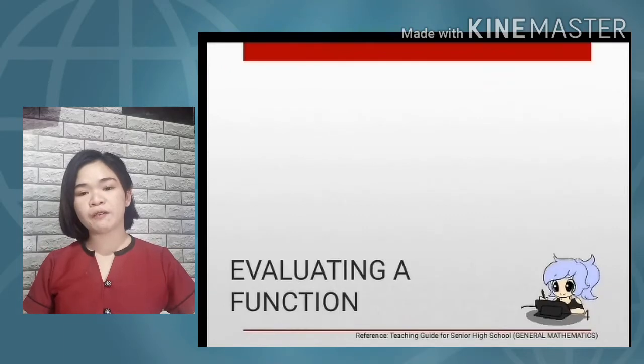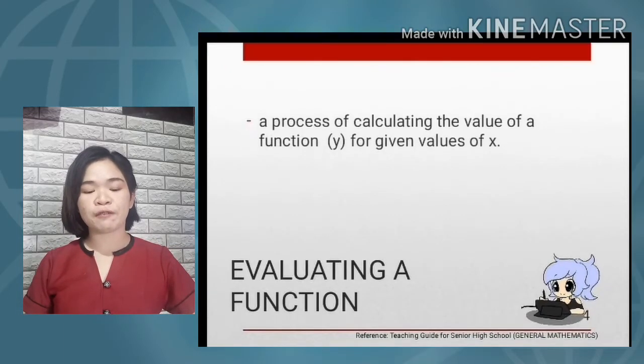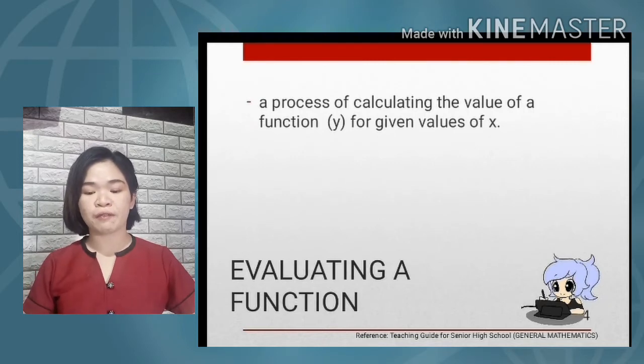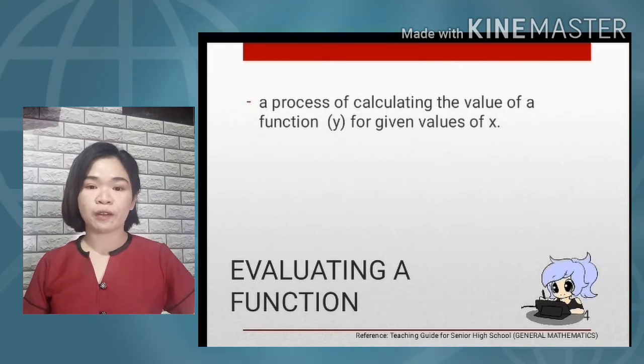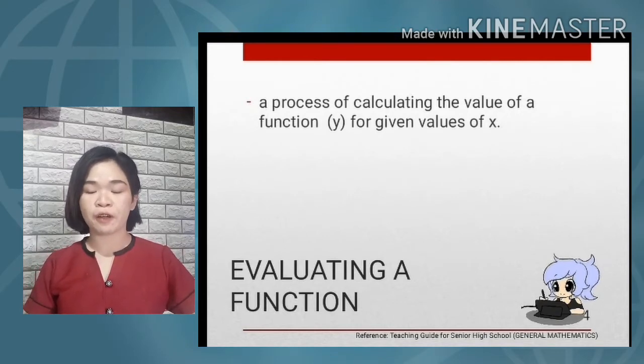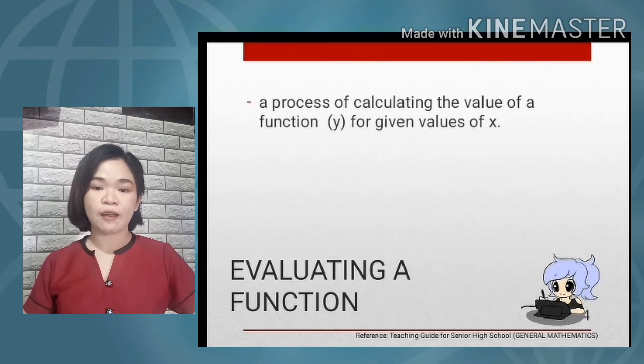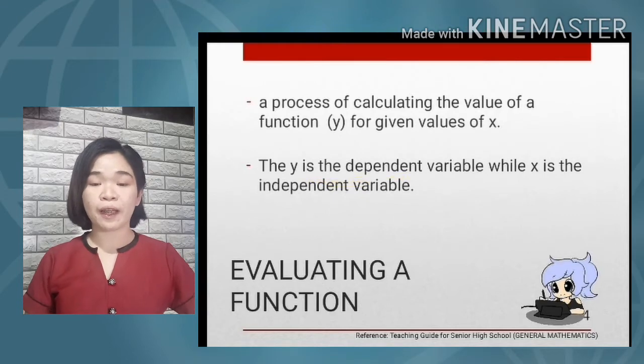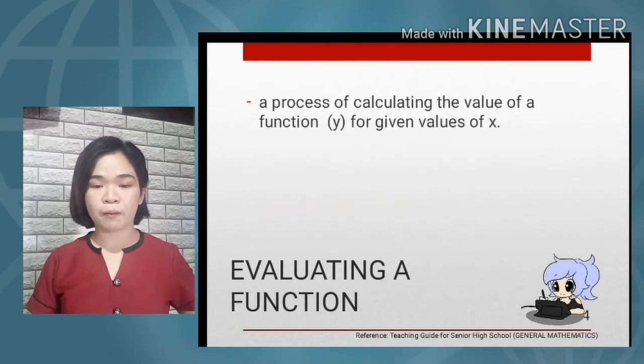Okay, so evaluating a function is a process of calculating the value of a function y for given values of x. When we say process, we have to undergo steps in order to find the value of the function. Also, the y is the dependent variable while x is the independent variable.